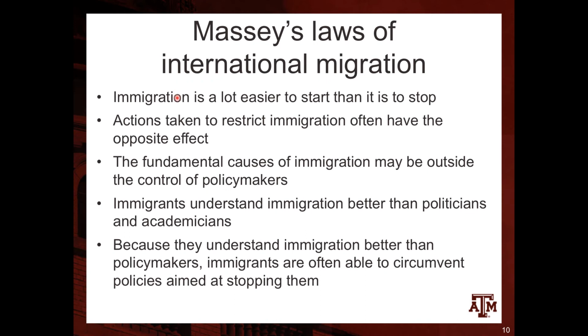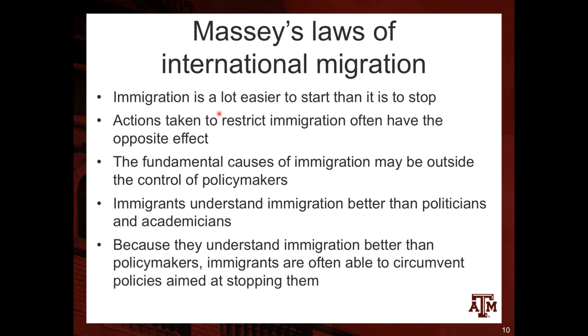And here Dudley Poston summarizes some of these major laws of international migration based on studies by Douglas Massey. And Dudley Poston, as you know, is the author of the textbook that we are using for this course.